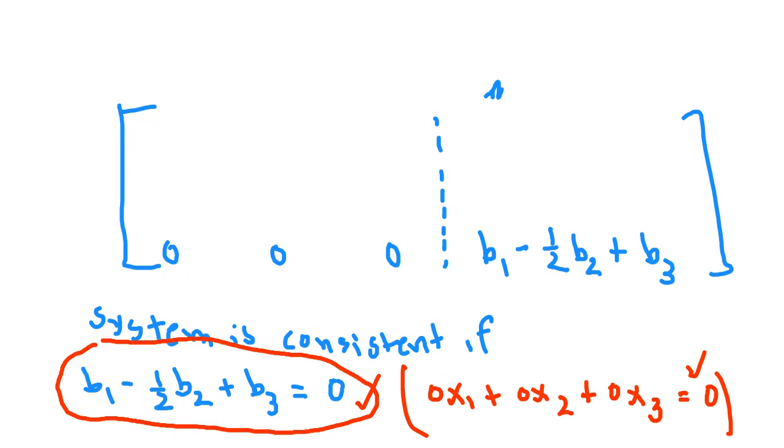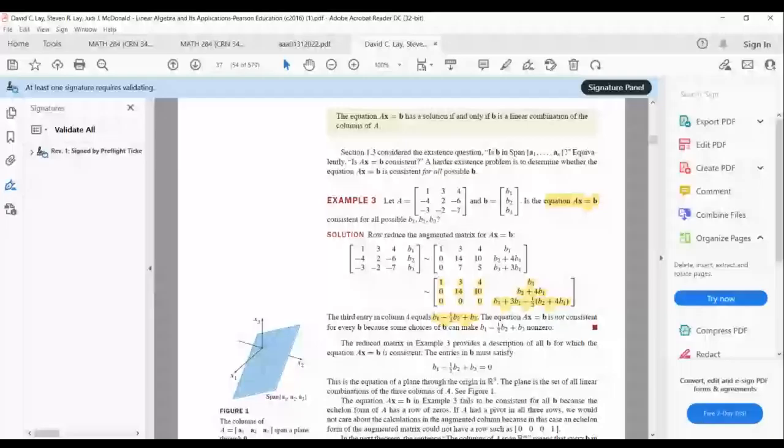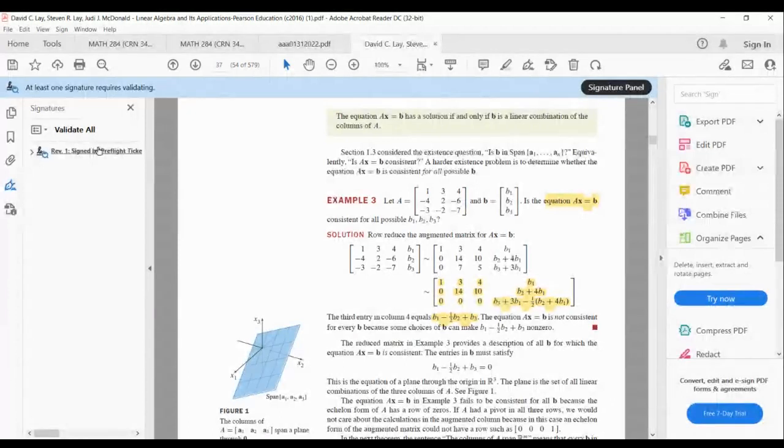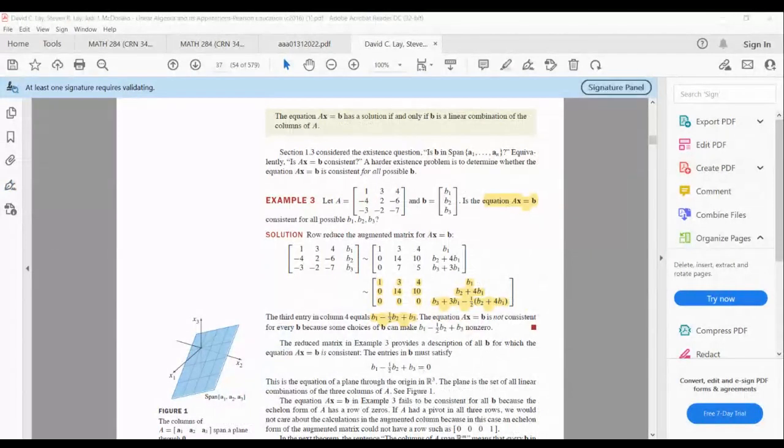So this means that the matrix equation is not consistent for all possible B1, B2 and B3.